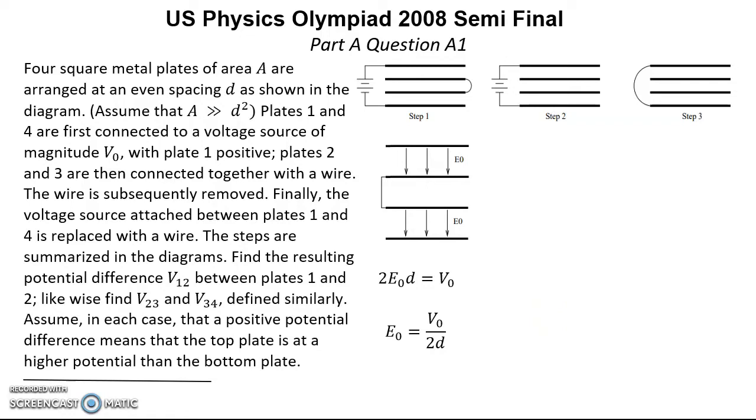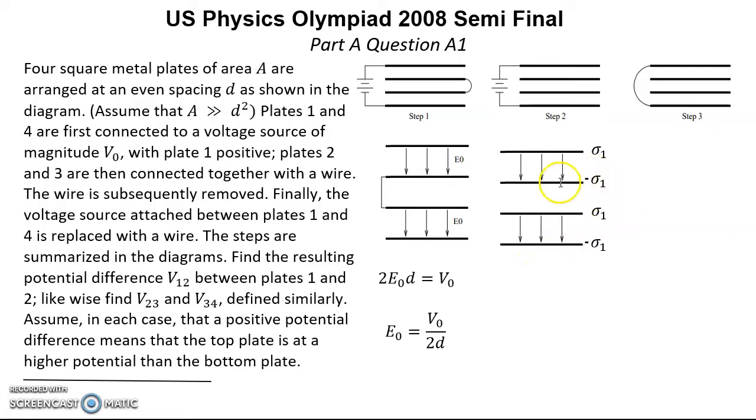Now let's move further. We can replace this picture with another picture, showing how charges are distributed between plates. We have charge sigma 1 on the first plate, and due to symmetry, negative charge negative sigma 1 on the last plate.